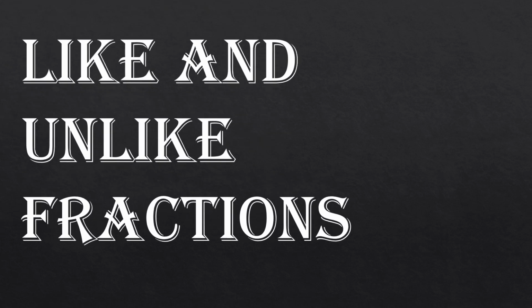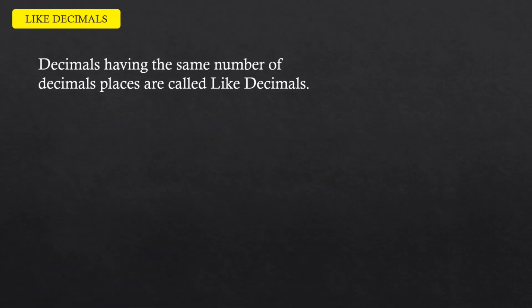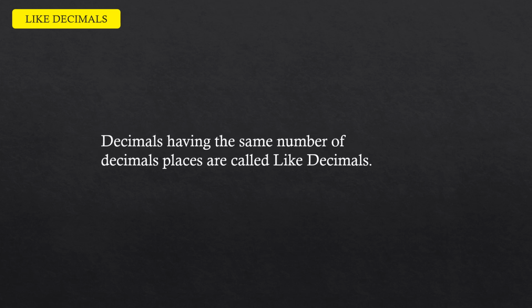Now we will learn about like and unlike decimals. Decimals having the same number of decimal places are called like decimals. For example, 0.66, 1.72, 3.89 and 45.13.